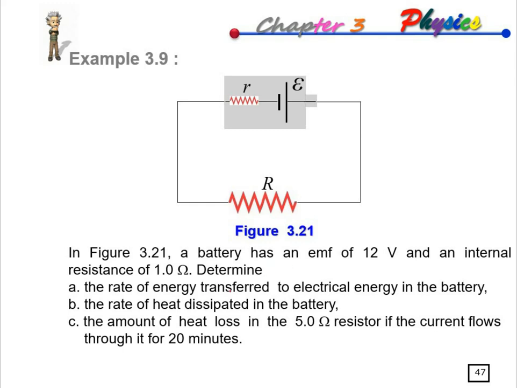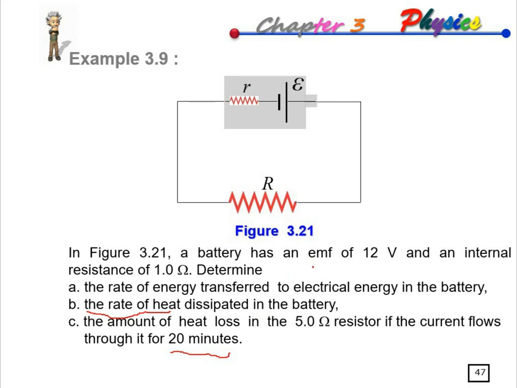Determine A, the rate of energy transferred to electrical energy in the battery. B, the rate of heat dissipated in the battery. C, the amount of heat lost in the 5 ohm resistor if the current flows through it for 20 minutes.